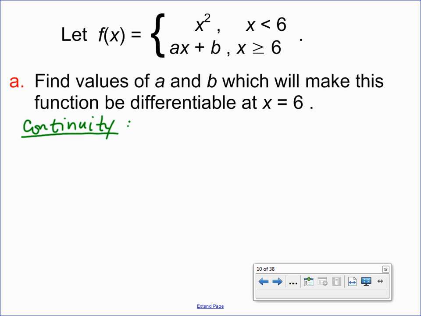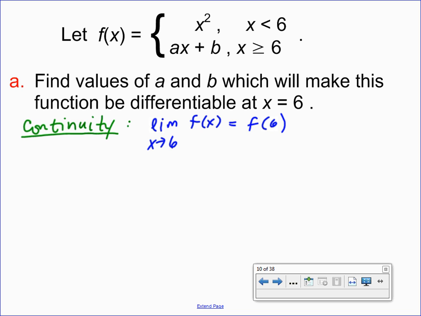For continuity, we need the limit of f of x as x approaches 6 to equal f of 6. So let's go ahead and find f of 6. Which definition will we use to find f of 6, Jake? The bottom one.